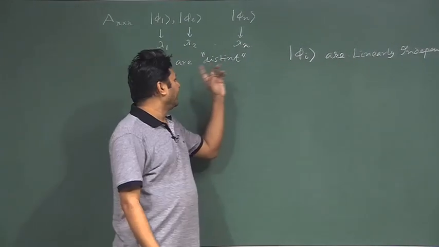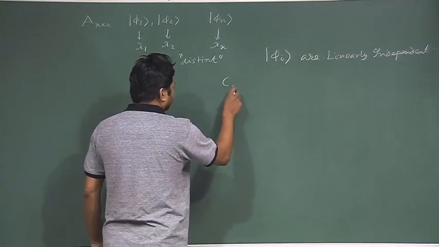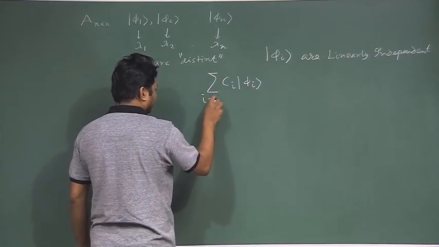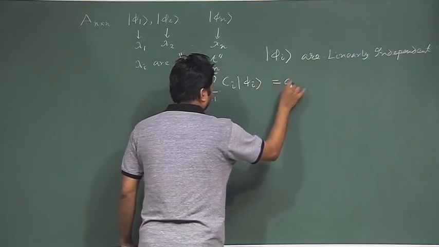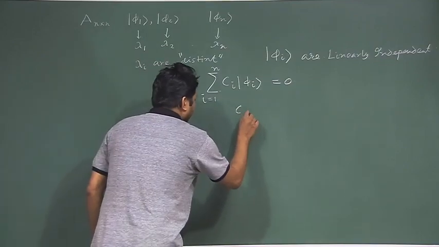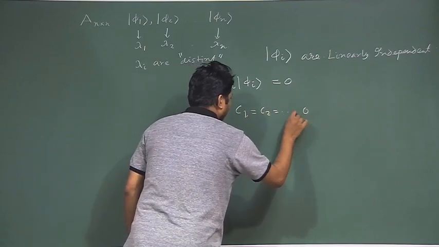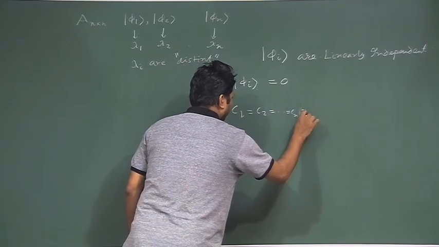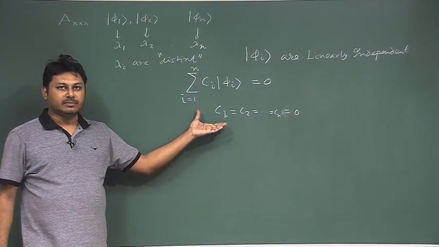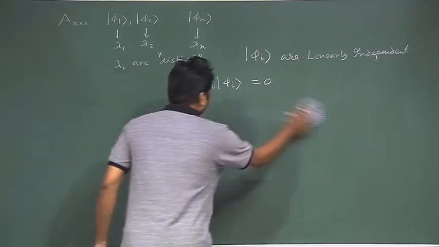That means, if they are distinct, then I can have a relationship like this, and this relationship holds only when c 1 is equal to c 2 is equal to c n is equal to 0. This is the standard definition of linear independence. So, now we will go further with this.